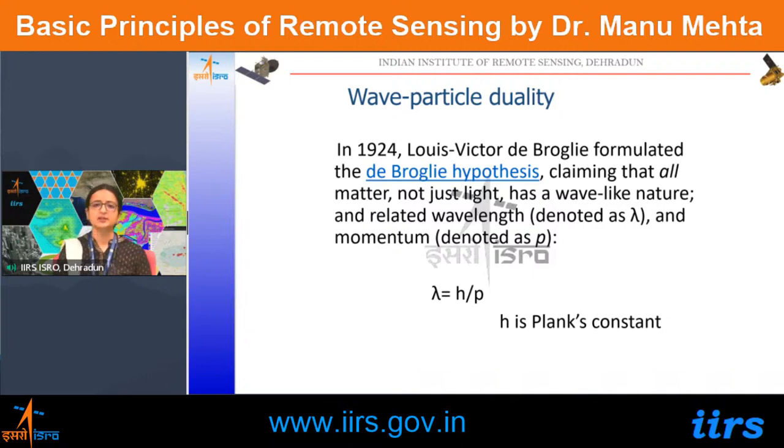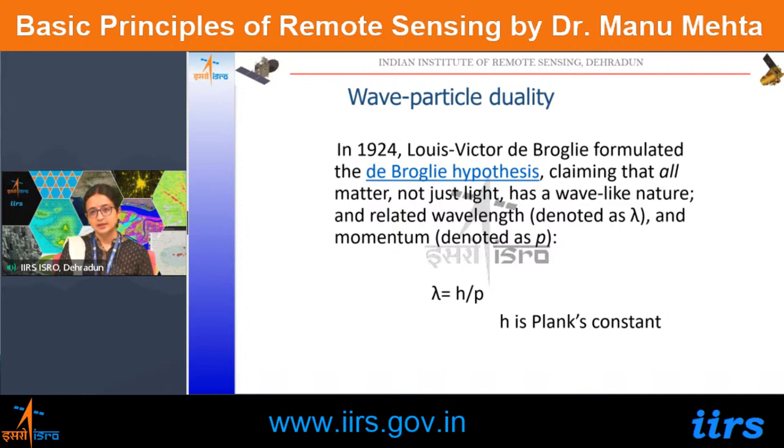This equation, lambda, which is the wavelength, equals h by p, where h is the Planck's constant and p is the momentum, combines the two natures in one equation, and it is called the de Broglie hypothesis. Wavelength is the parameter representing a wave, and momentum is related to a particle, where momentum is equal to mass into velocity for a moving particle.